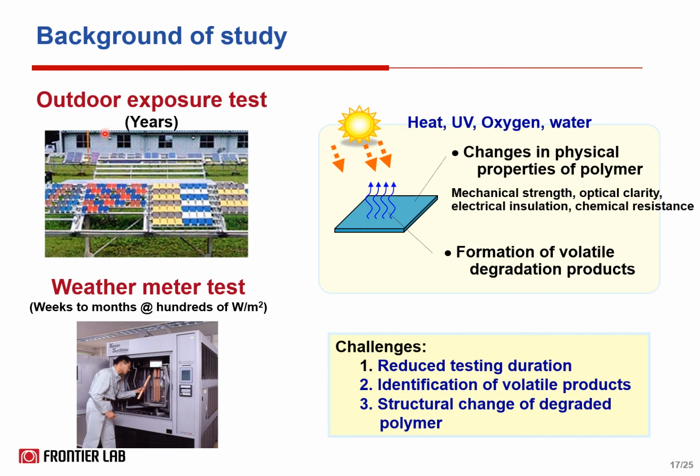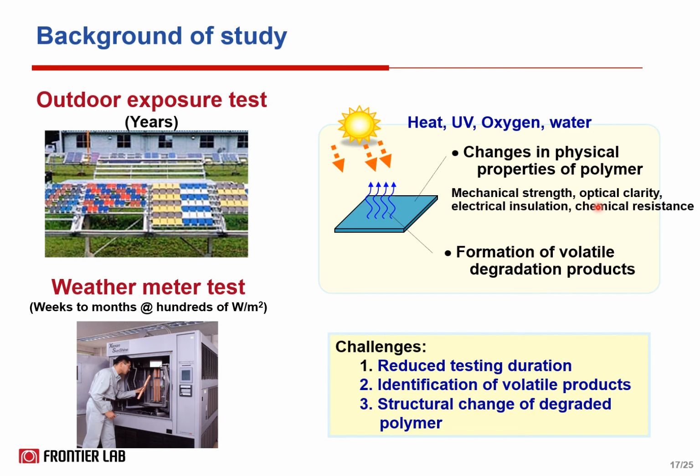Conventionally, outdoor exposure test and weather meter test have been used to estimate a product life of polymer products. However, both test methods take a few weeks to years. Also, not only the structural change of the sample after degradation or during degradation process, but also decomposed volatile compounds formed from a sample have been the important target or information.